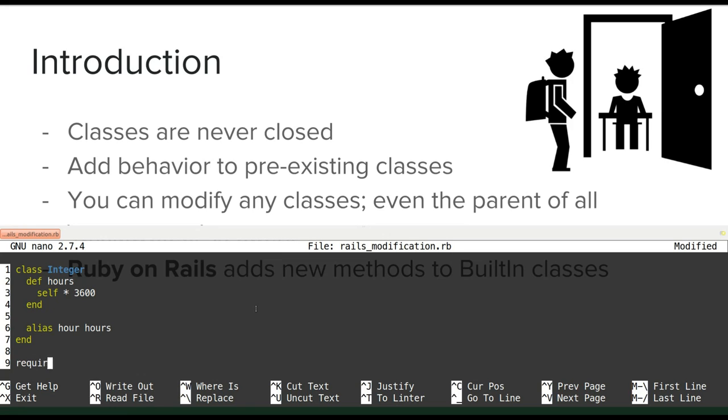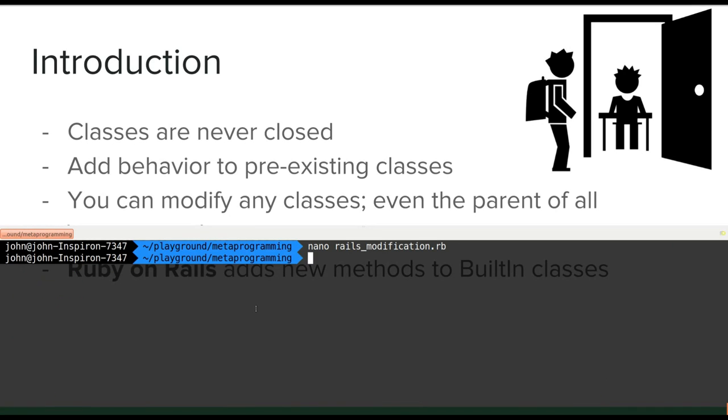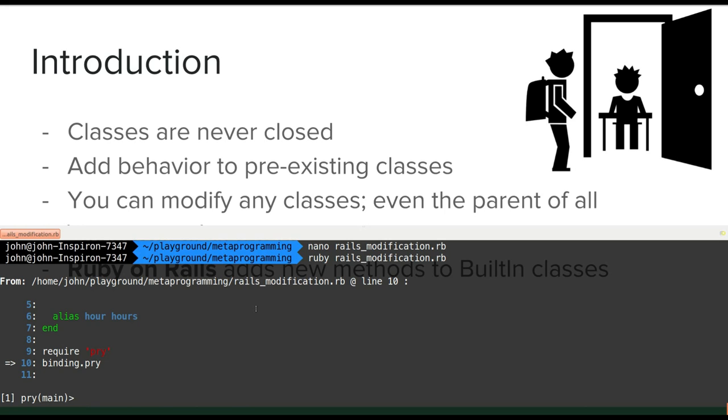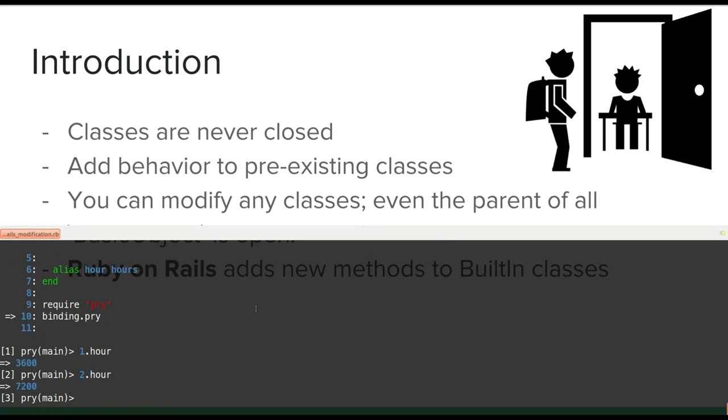Let's use pry. We saved. Now we will run the file. Let's see if the integer class is modified or not. 1.hour. Yes, 2.hour. Yeah, it's working.